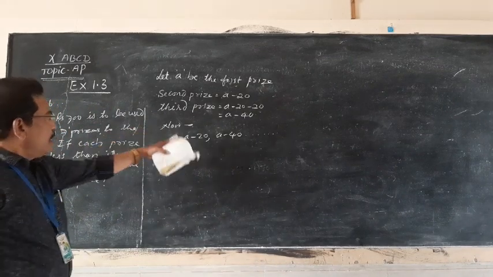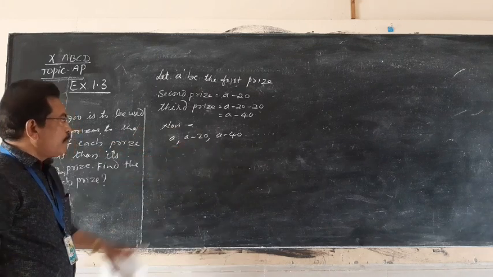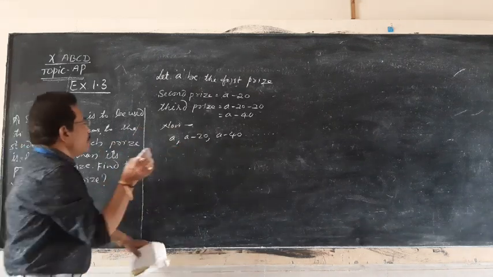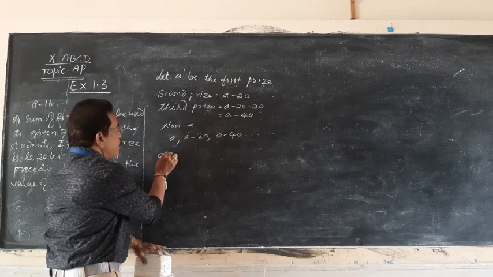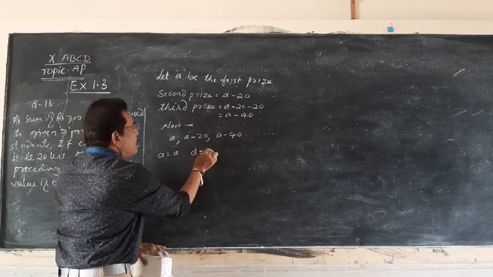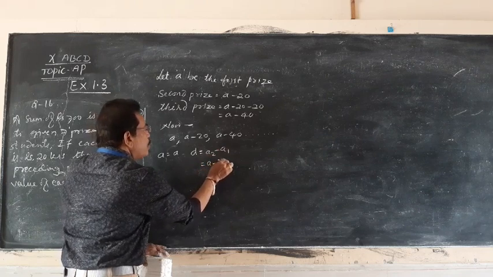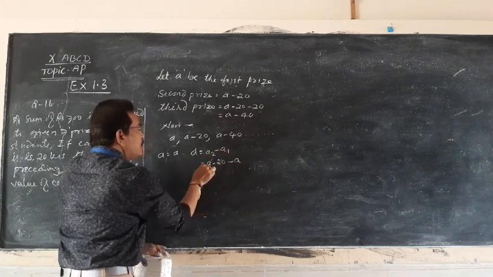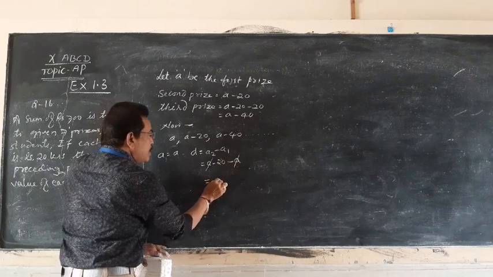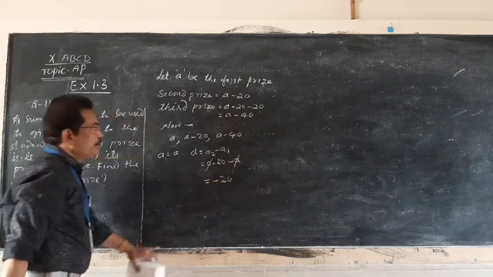See, these are appearing in the AP form because the common difference is the same. What is that common difference? First term A equals A, and d equals A2 minus A1, that is A minus 20 minus A, so A minus A cancels, that is minus 20.